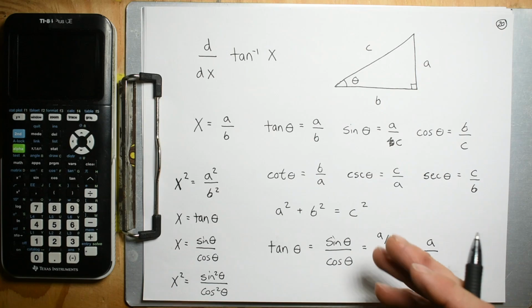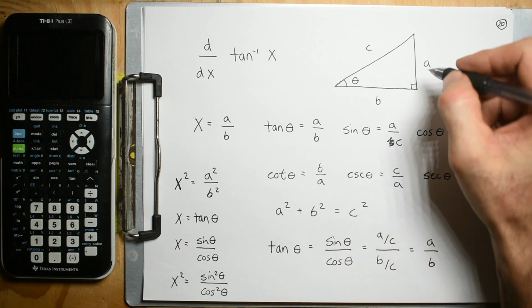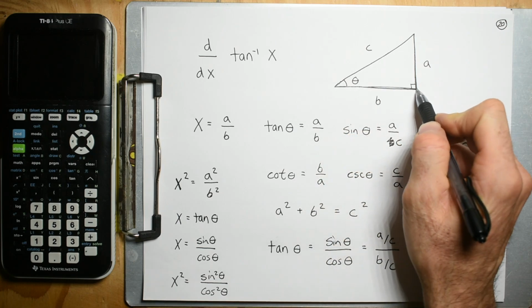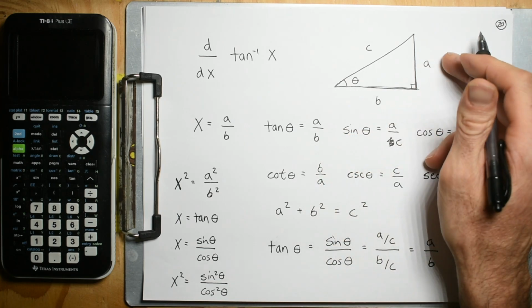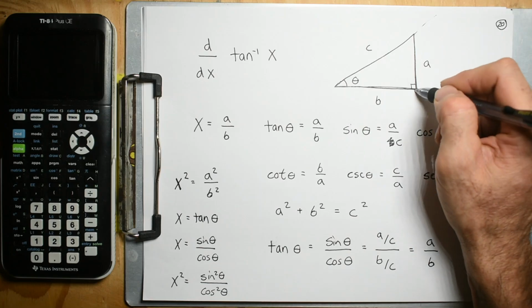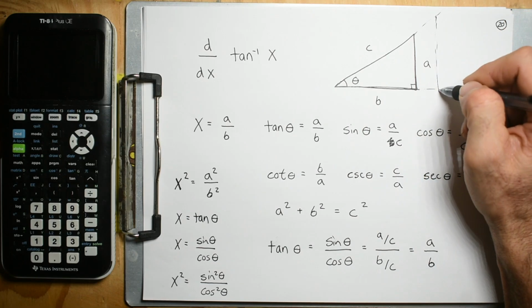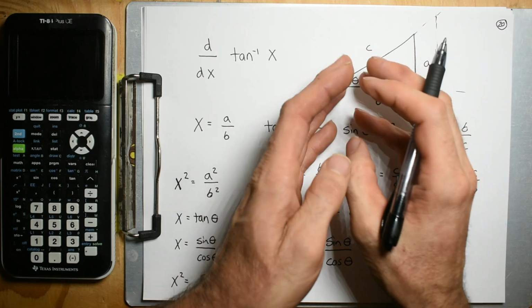And what we just did there is we said these are measured parts of a triangle in a ratio. They don't have to be actual lengths, because it's a unitless thing.